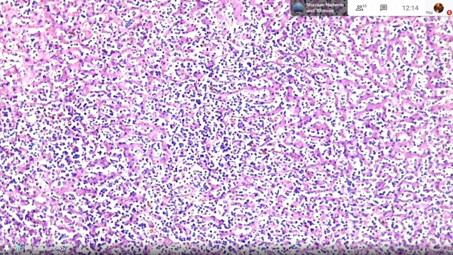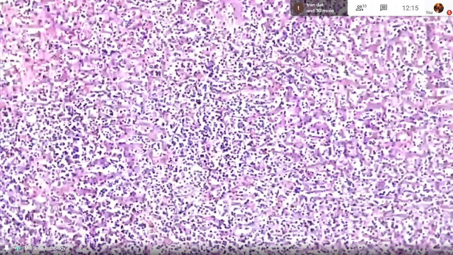The second column will be the terms for benign tumors, the third intermediate, and the fourth malignant tumors. For example, for the fibrous connective tissue that we will discuss, you have the benign fibroma, intermediate fibromatosis and desmoid tumor, and malignant fibrosarcoma. It will be useful because you can organize your knowledge. I think it's very important.